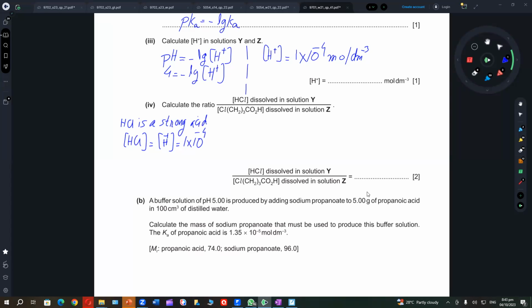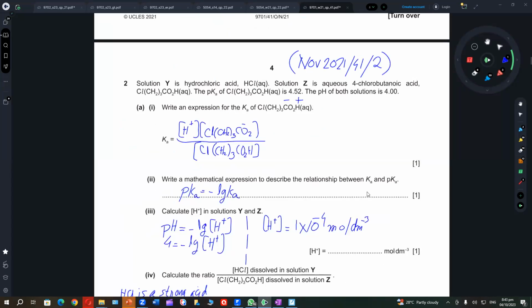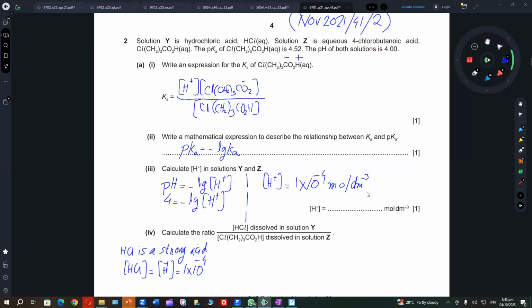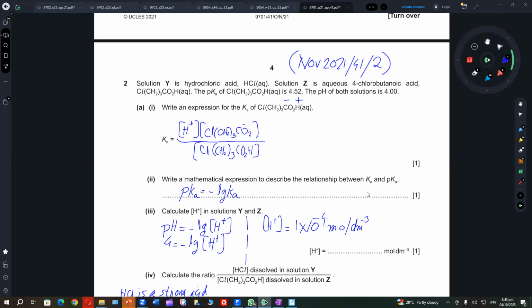How should we get the concentration of the second acid? He has given us, we have the expression for Ka. He has given us pKa. pKa is 4.52 for that 4-chlorobutanoic acid.